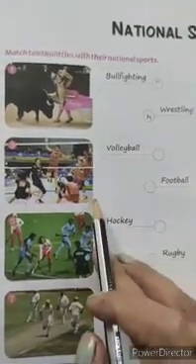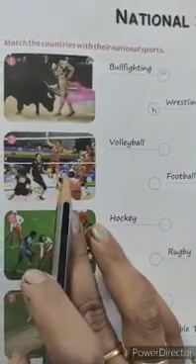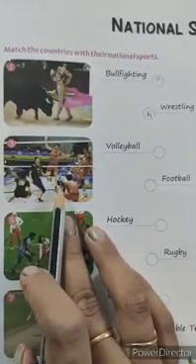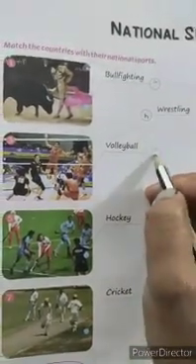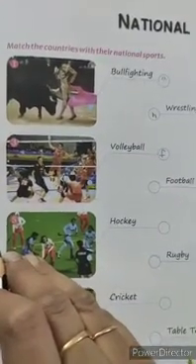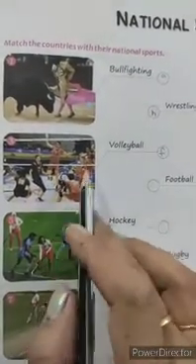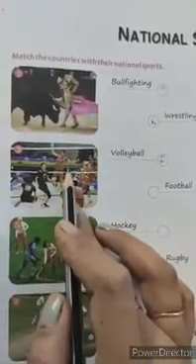Now let's discuss volleyball. Volleyball is basically the national sport of China. It is a national sport of China. So we will write over here F from the clue box. Now what happens in volleyball? Volleyball is a team sport. You can see there are two teams in volleyball.